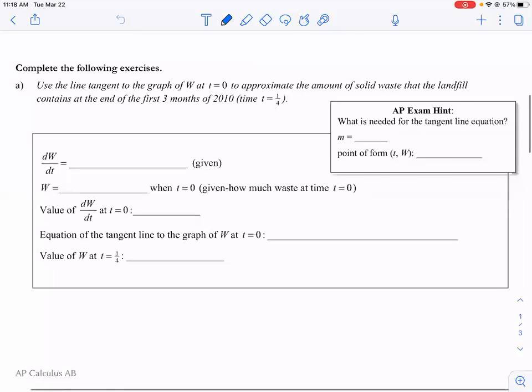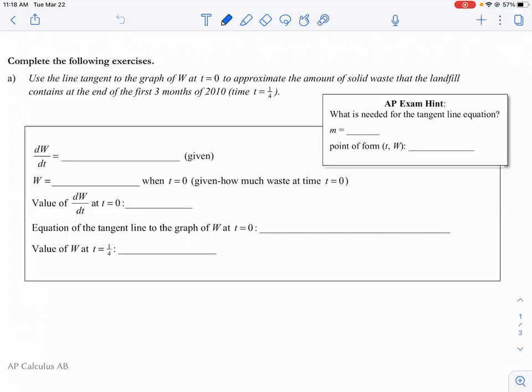Okay. So part A, use the line tangent to the graph of W at t equals 0 to approximate the amount of solid waste at the landfill in the first 3 months. So if we're talking about years, that means t equals 1/4.